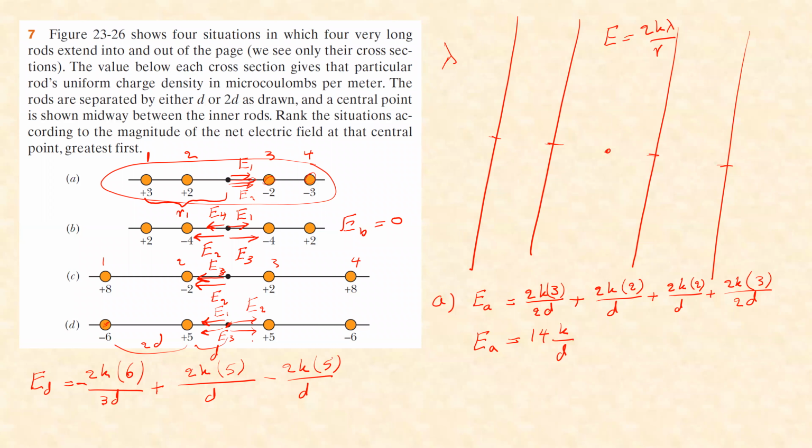It's this way, E4. And the value is 2K times 6 divided by 3D. So you see, this one cancels this one, and this one cancels this one. So E in part D is also 0.